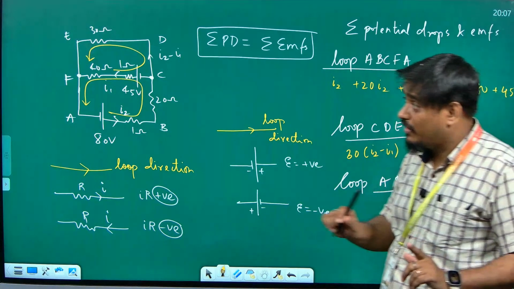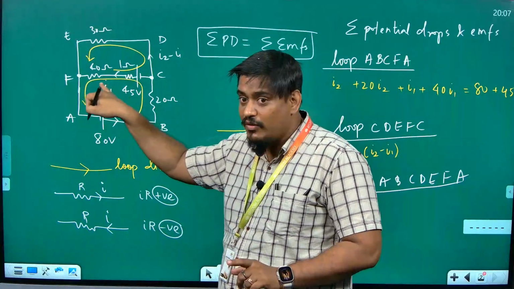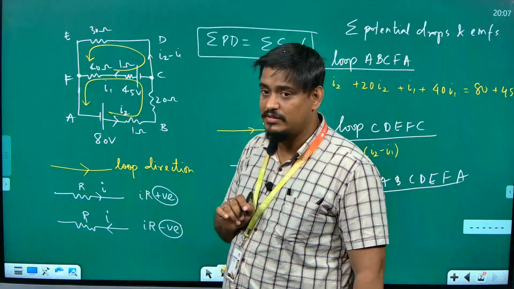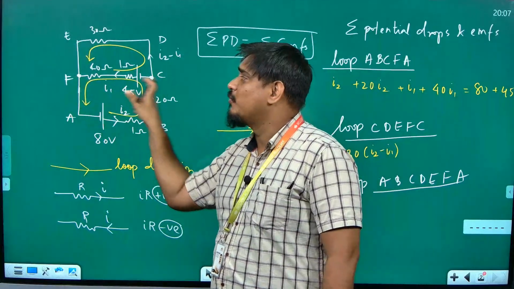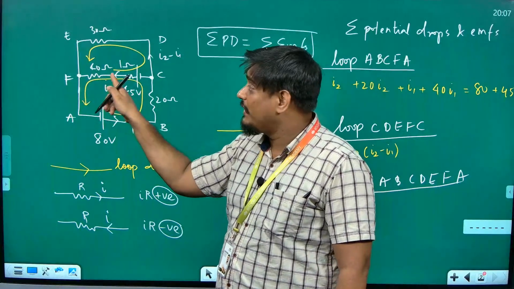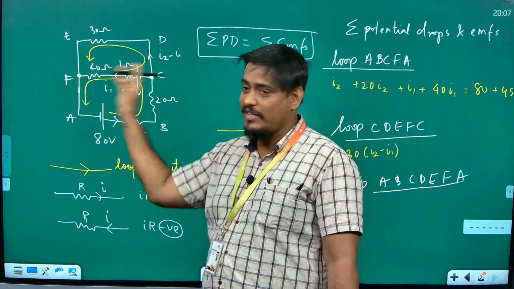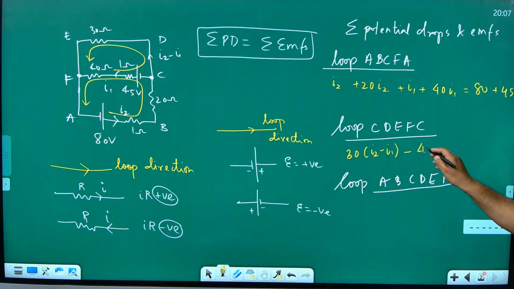Be very careful. In FC branch, what is the current moving? I1 only is moving, no? So you should not take I2 minus I1 for that. In this branch, what is the current moving? I1. So you will take, and your direction and the loop direction are opposite, right? Current coming like this, you are going like this, minus 40 I1. So minus 40 I1.